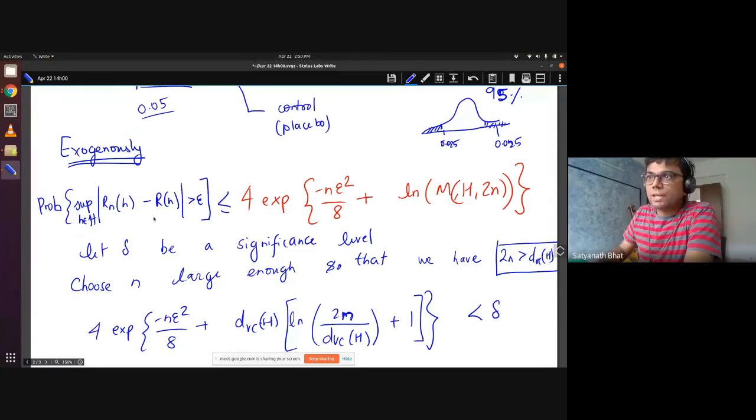So if this is less than delta, and delta is a significance level, and it is chosen small enough, I can assume, with some acceptable risk, that this is equal to 0. Delta is your choice. I will assume that this is never going to happen.